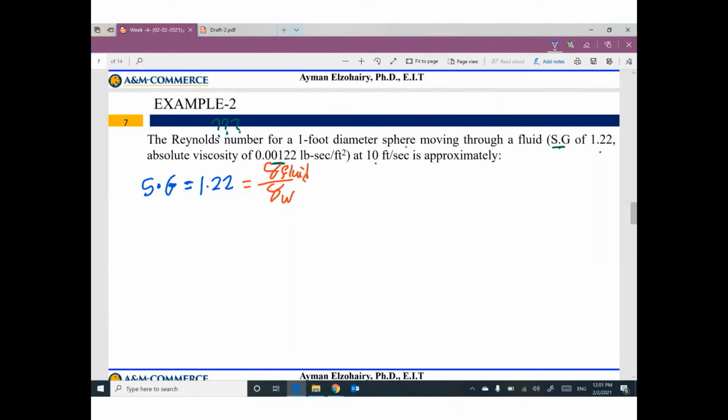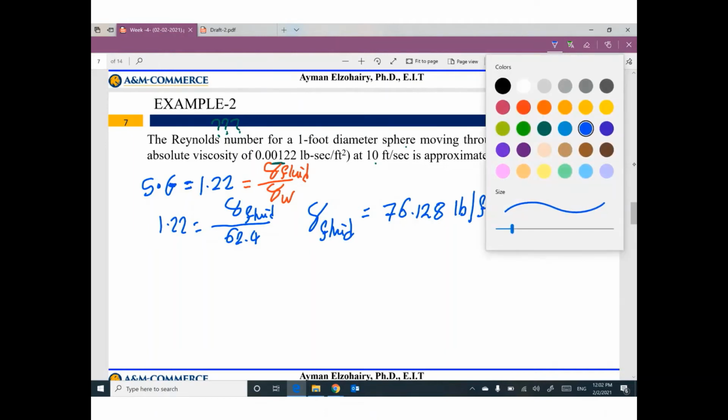I believe your units here are feet and pound. So 1.22 equals gamma fluid divided by 62.4 for water. That means gamma fluid equals how much? 1.22 times 62.4, which is 76.128 pound per cubic feet.